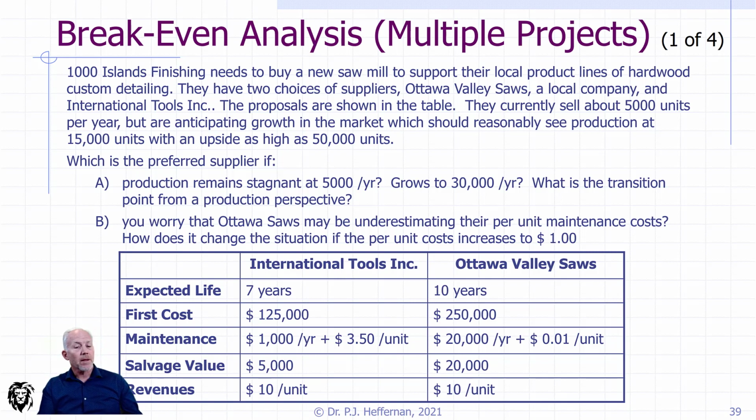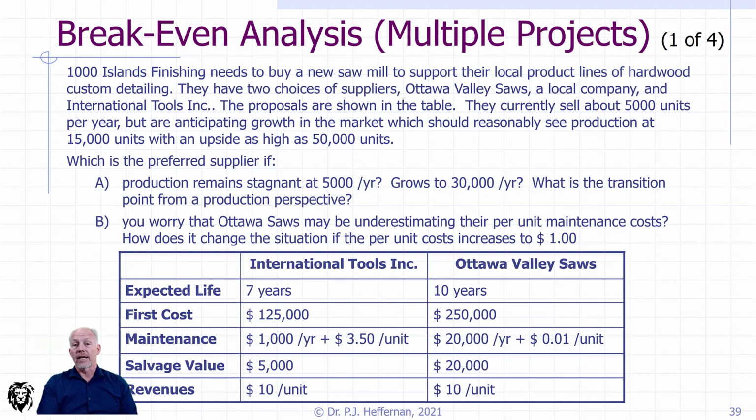And finally, there is some concern. Imagine Ottawa Valley Saws is a new local company, and they might have some grand ambitions or a bit of an exaggeration going on as to whether their per unit cost is truly as low as stated.